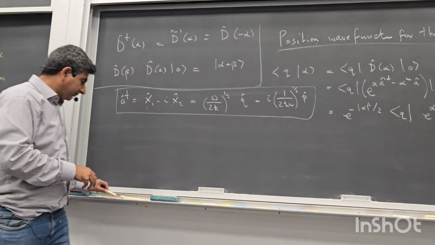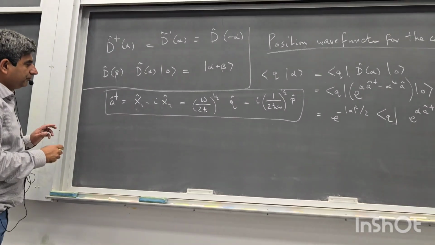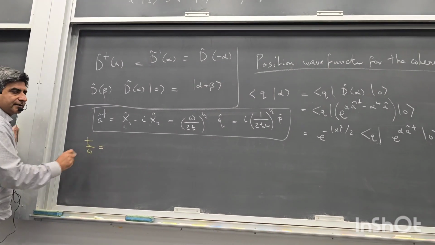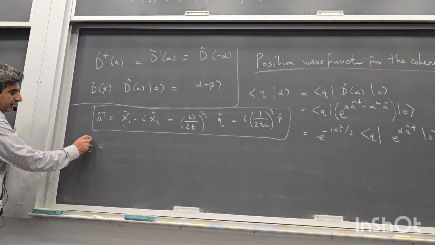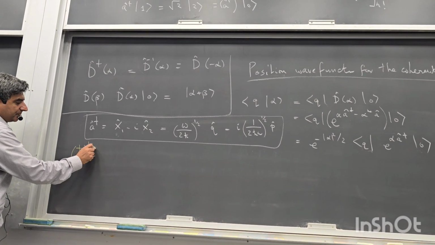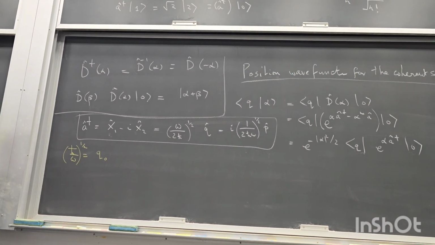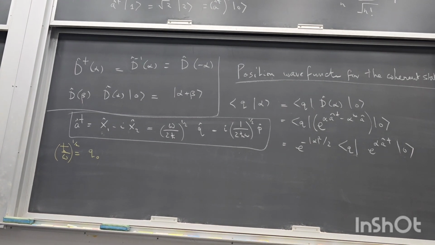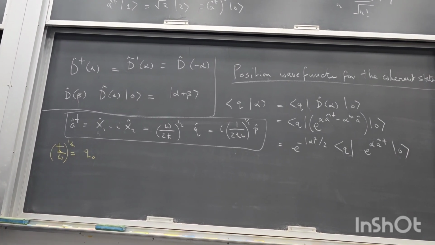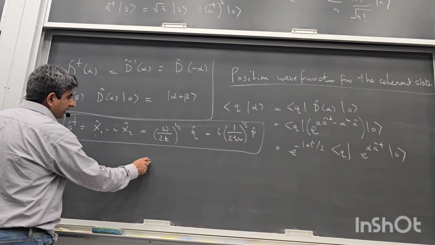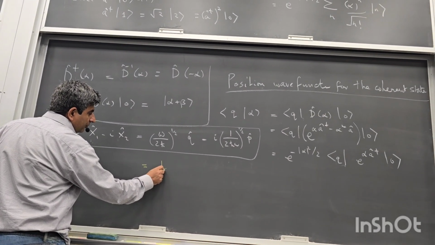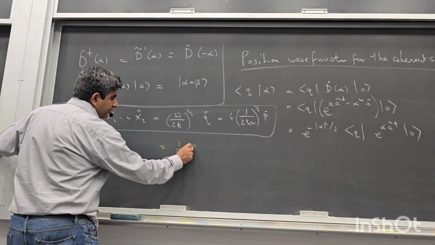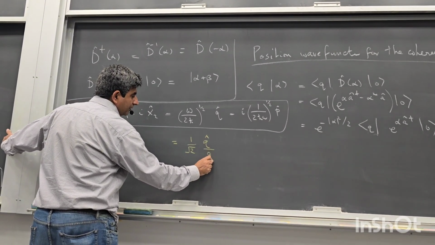So now I try to substitute h bar over omega. This object has dimensions of position, I call this q naught. So the advantage of this is that this becomes 1 over root 2 times q over q naught.